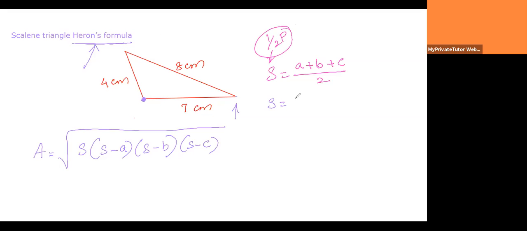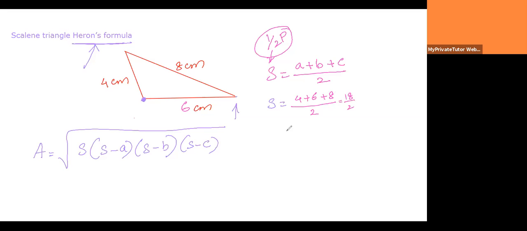What is the S value here? Let me change this one then. So please find the perimeter, the S value here, guys. 4 plus 6 plus 8, which is 18. 18 by 2.